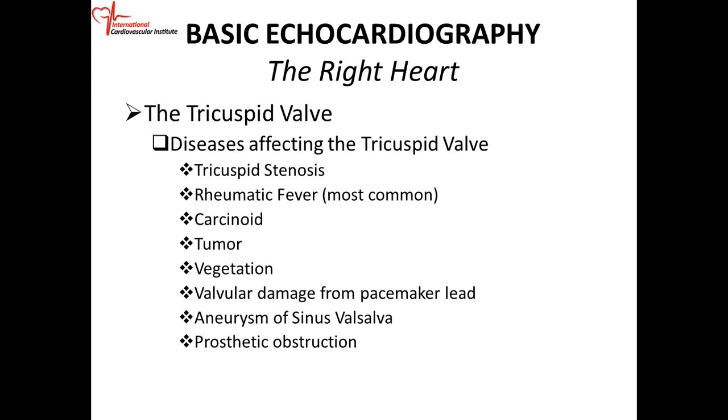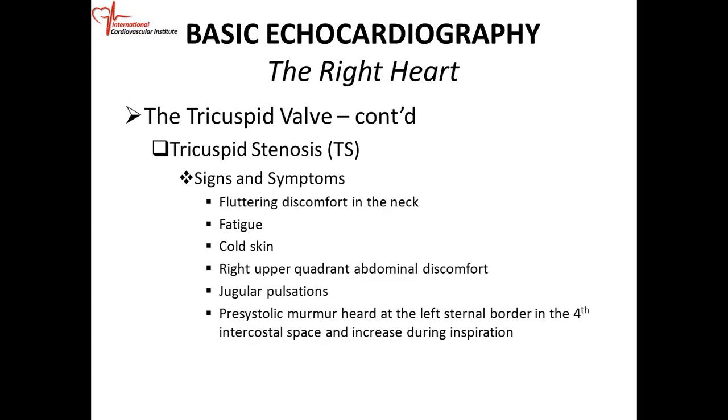The pacemaker lead will impinge and press on the tricuspid valve and prevent proper closure. You commonly get tricuspid regurgitation. Aneurysm of the sinus of Valsalva can affect the tricuspid valve as well, and prosthetic obstruction. If there's a tricuspid valve prosthesis, it can become obstructed.